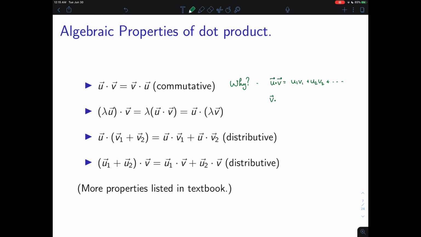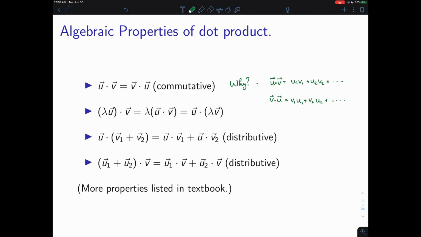And meanwhile, v dot u is, according to the rule, I'm going to take the first entry of the first vector and the first entry of the second vector. Then I take the second entries of each of them, and keep going like that.